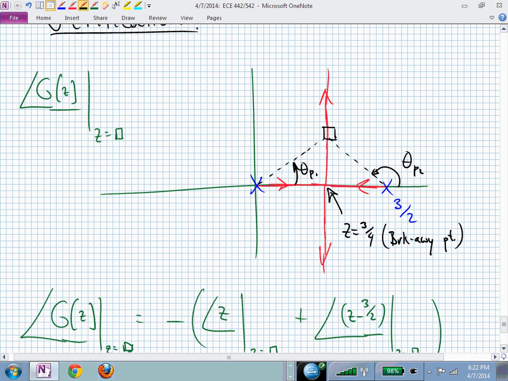Any point on that 90-degree line is on the root locus, and we could do the same analysis going down. One branch goes up, one goes down. Questions on that?